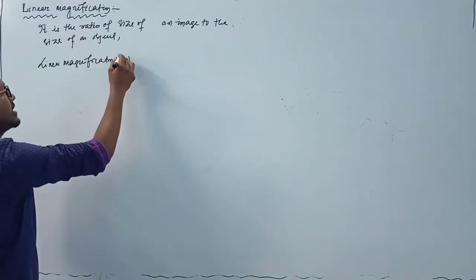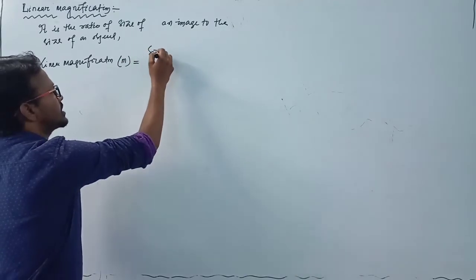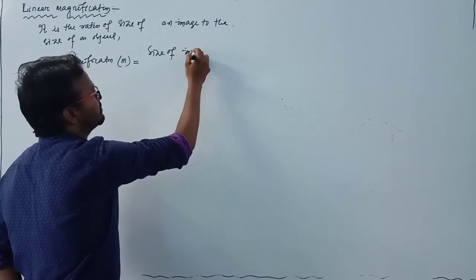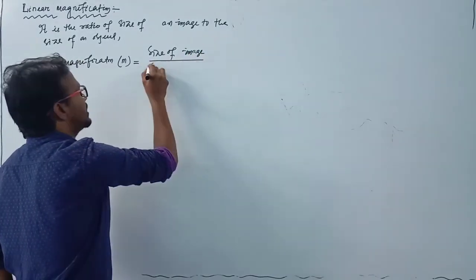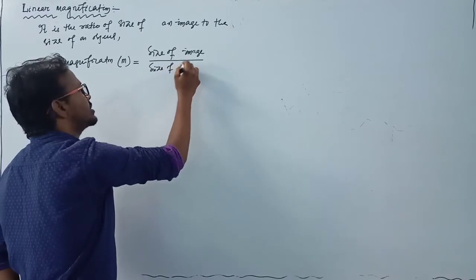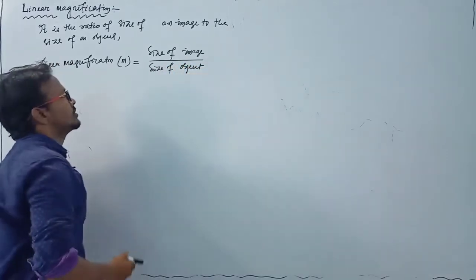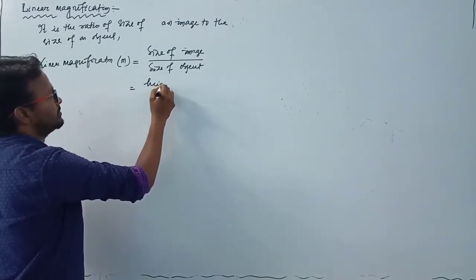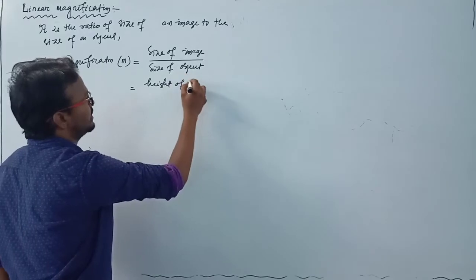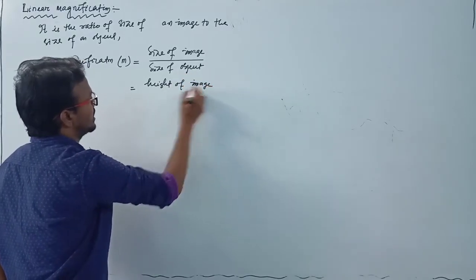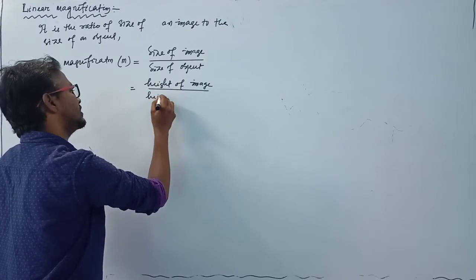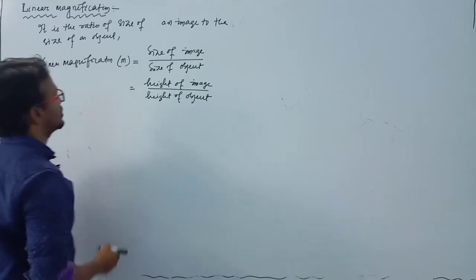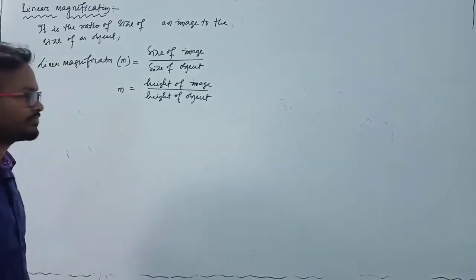which is denoted by small m, equals the size of image divided by size of object, or you can write height of image divided by height of object, known as linear magnification denoted by m.